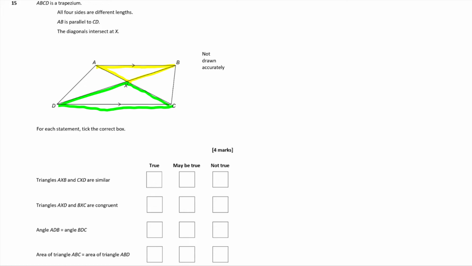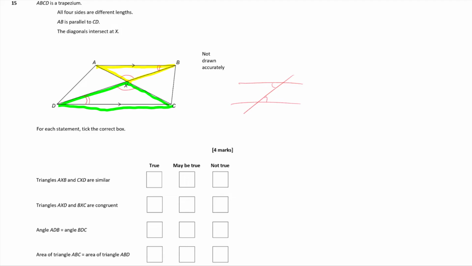Well, this angle here is definitely equal to that one, isn't it? Because they're vertically opposite, so that is true. Those two do match. And because AB and DC are parallel, then this angle here and this angle here are what we call alternate angles, aren't they? When you've got a pair of parallel lines and a line crossing them, then these two are what we call alternate angles.